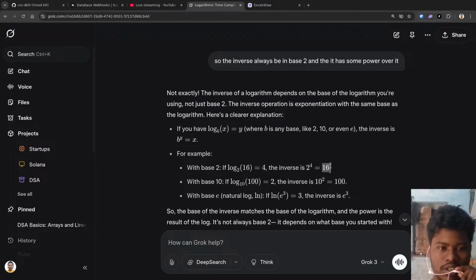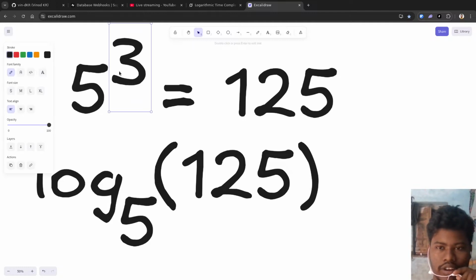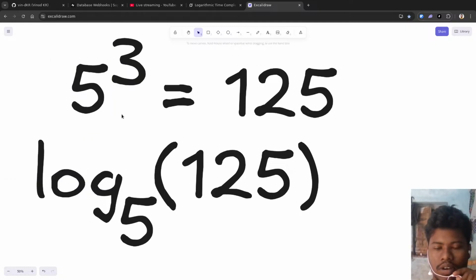If you log this in base 2, the answer is 4. That means I want to understand that we have a power 3, and the power is upon some base. Here we have the base 5. So the power is 3, and it gives 125. But what is the way to find the value of the power?